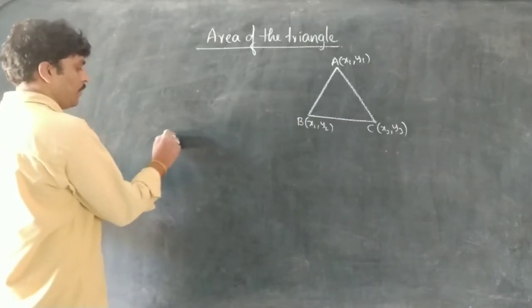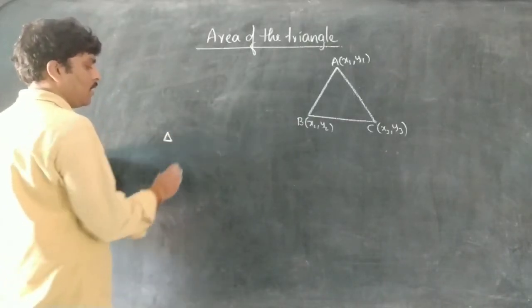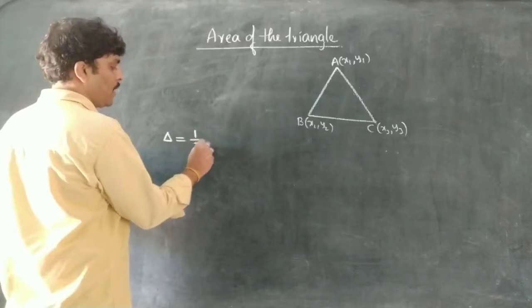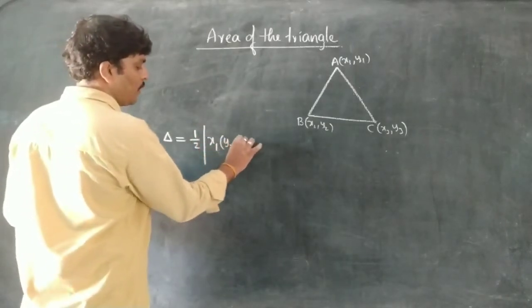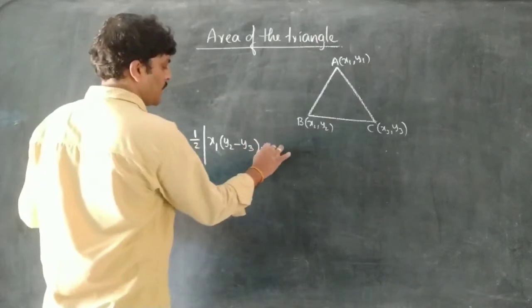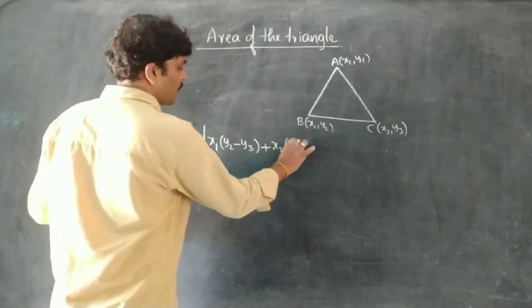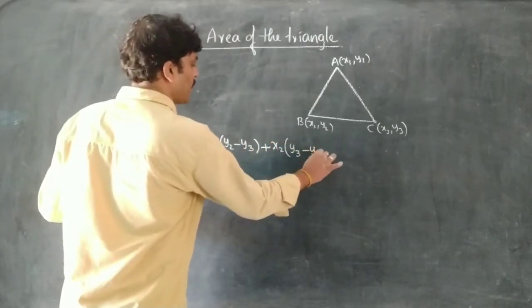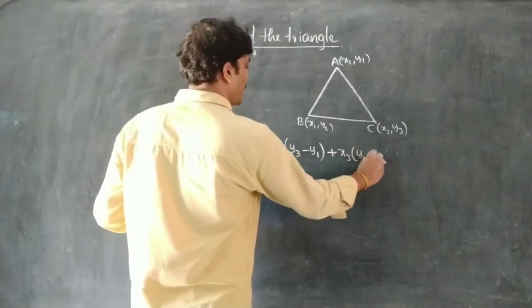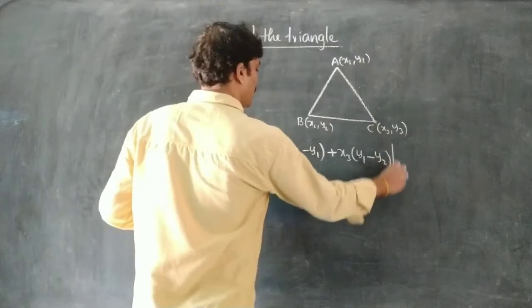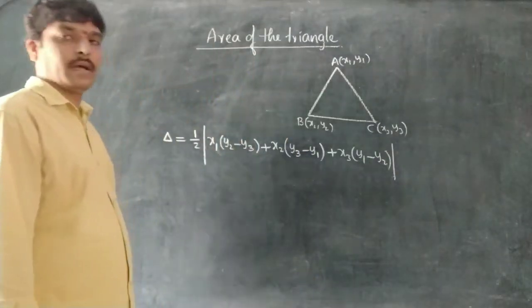That is area of triangle, denoted with delta, is equal to half modulus x1 into y2 minus y3 plus x2 into y3 minus y1 plus x3 into y1 minus y2. This is the area of triangle.